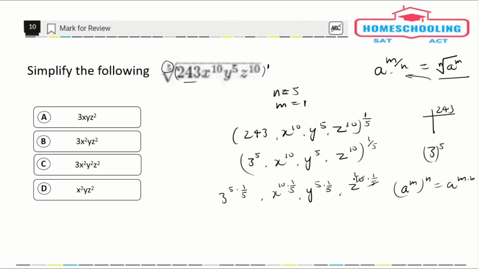So this will go 2 times, this will go 1 time, this will go 2 times, and this will go 1 time. So 3 to the power 1 would be 3, x to the power 2, y 1 time, and here z to the power 2. So this is your answer.